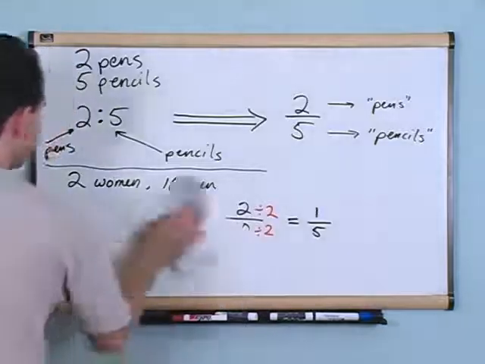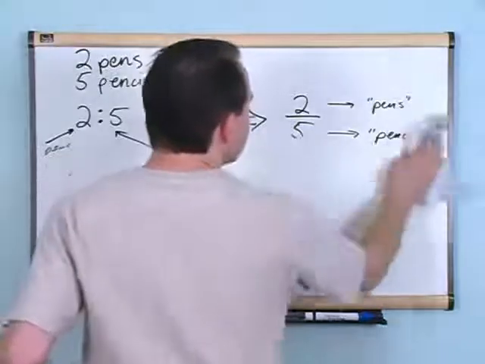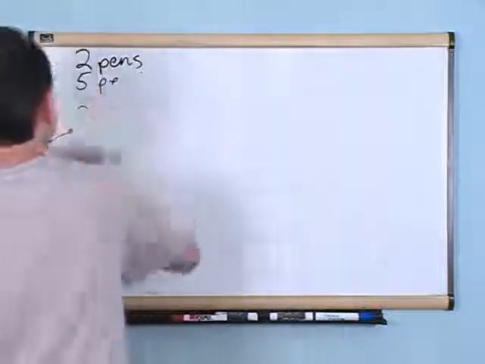Now we're going to do some problems to kind of show you why this is useful, okay? Because that's really the most important thing here, okay? Why is this useful? Let's say you have a bucket of apples in the grocery store, okay? You have 2 good apples picked for every 12 that you pull out of the bucket. So you pull 12 apples out of the bucket, and only 2 of them are good.